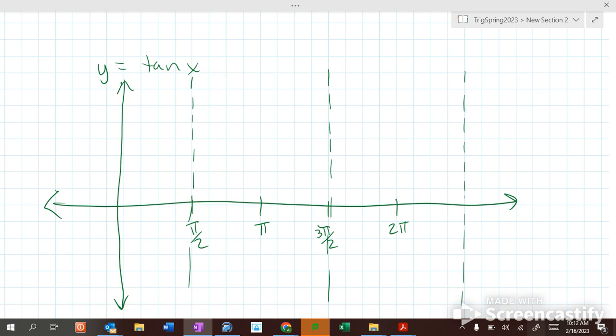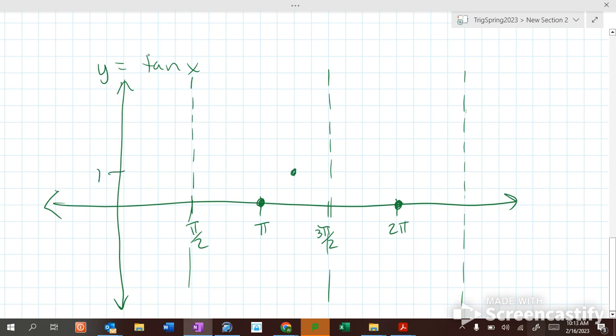Okay? Now, halfway in between your asymptotes, where is there going to be a point? 0. Halfway in between your asymptotes is going to be a point at 0. Halfway in between that point and the asymptote, is tangent a positive slope or a negative slope? Positive slope. Tangent is positive. So halfway in between here and here, we must be going up if it's a positive slope.